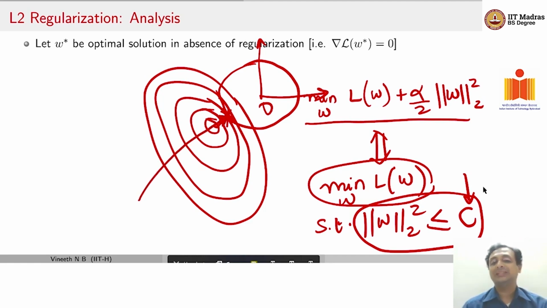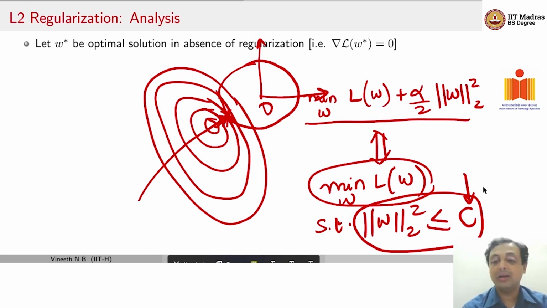So you have to find a minimum somewhere here, which is a minimum for both the loss and lies within the C norm ball, which is what you're trying to do. So when you have your L2 norm, your norm ball is going to look like a sphere, and you intersect with the error surface and you get a certain solution.